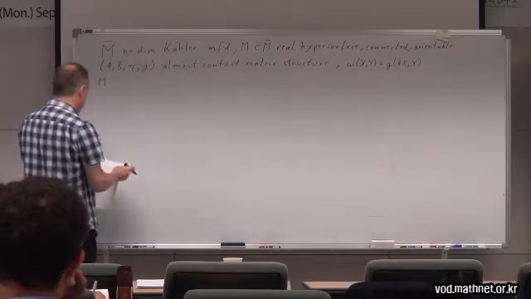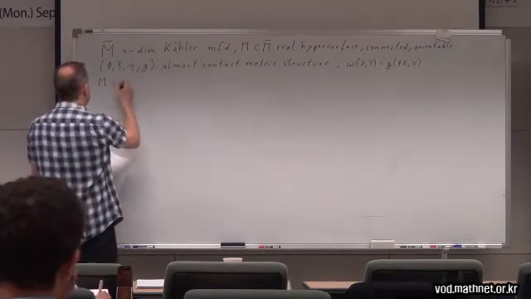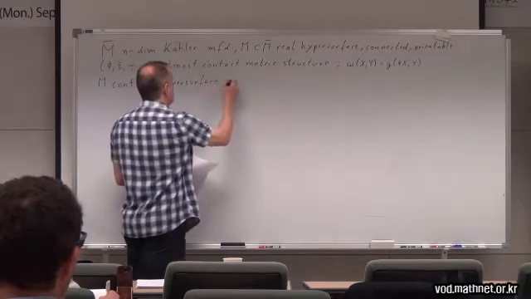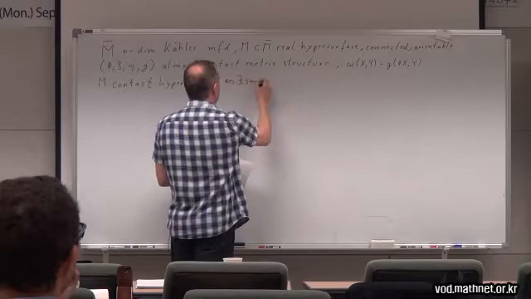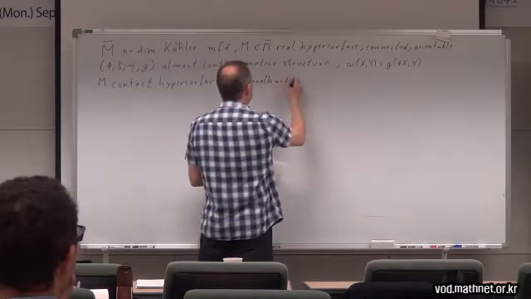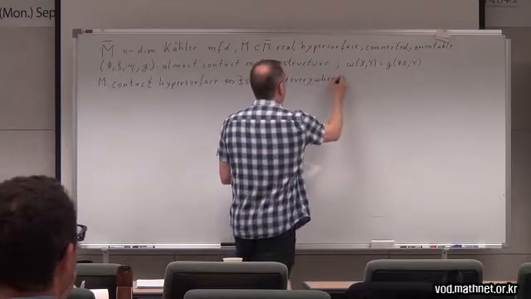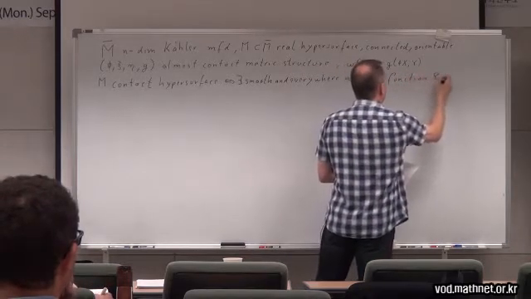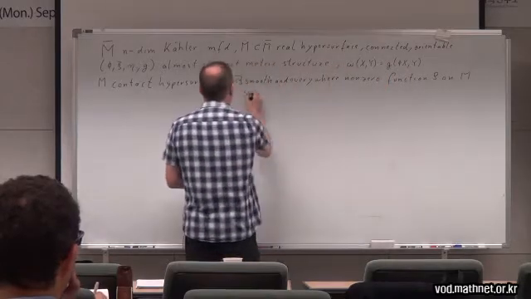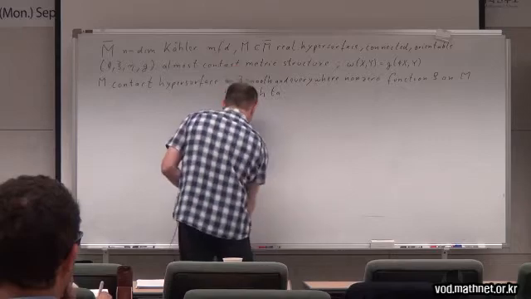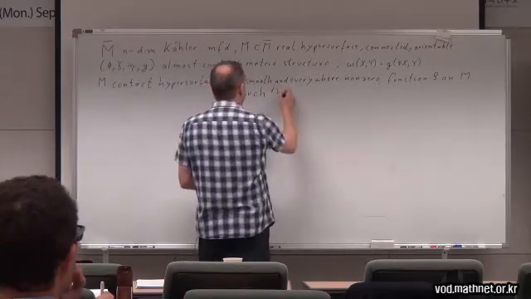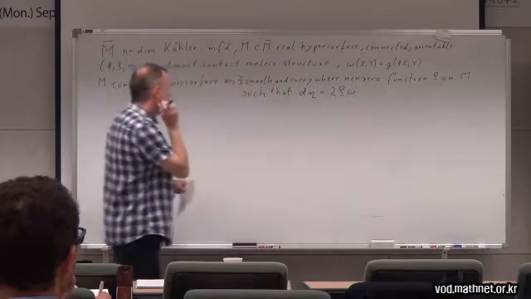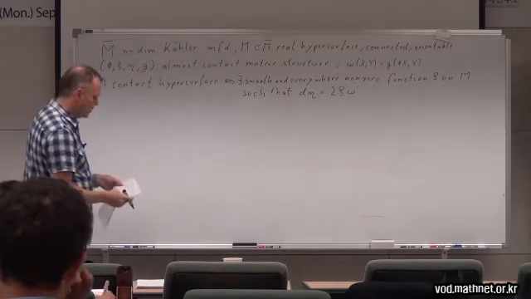And the definition: we were discussing contact hypersurfaces, and M is called a contact hypersurface precisely if there exists a smooth and everywhere non-zero function rho on M such that d eta is 2 times rho times the fundamental 2 form omega.